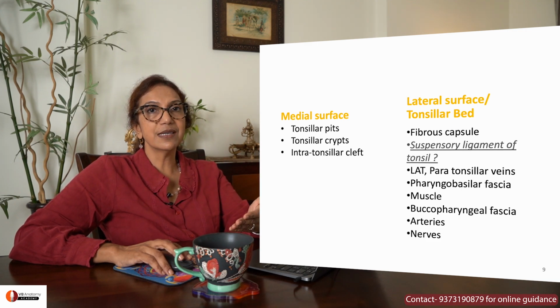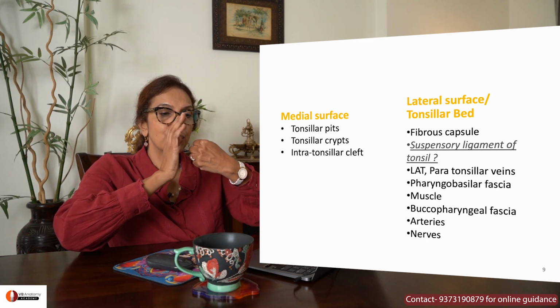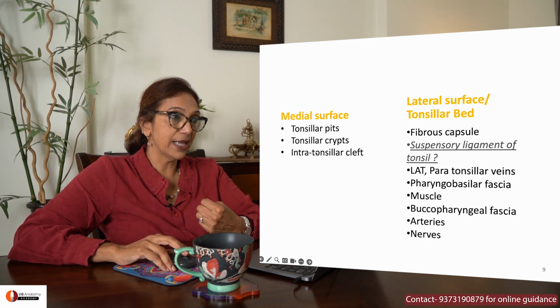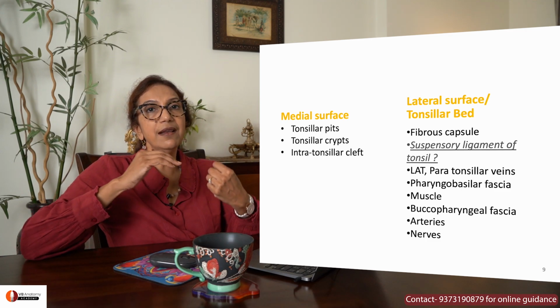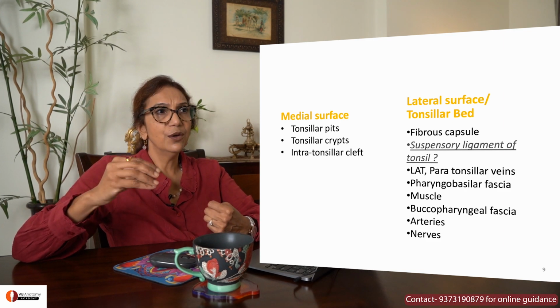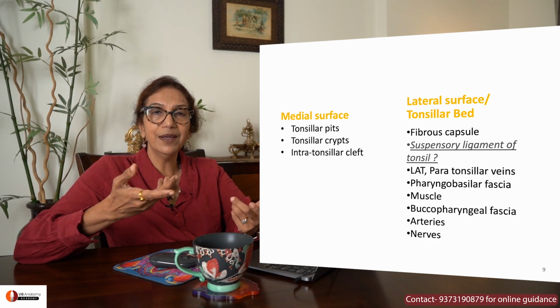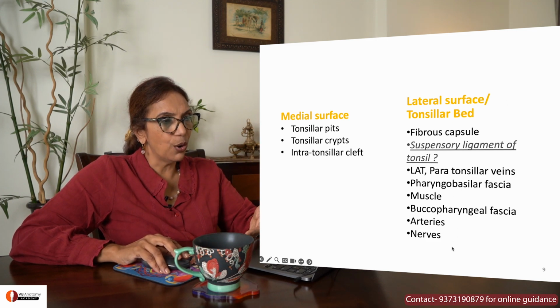Next, we need to understand its medial surface and its lateral surface. Okay. So the medial surface has tonsillar pits and tonsillar crypts on it, and a deep crypt which is called the intratonsillar cleft. What is all this? You must be wondering. Similarly, the lateral surface again shows a lot of structures.